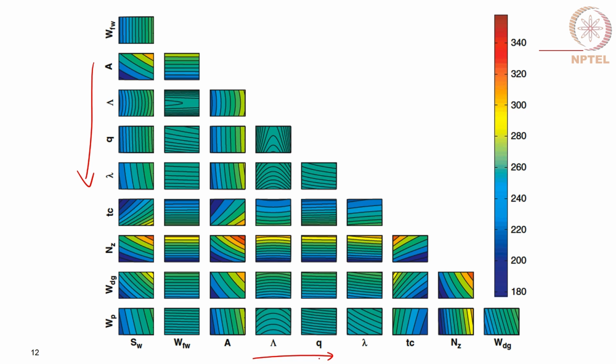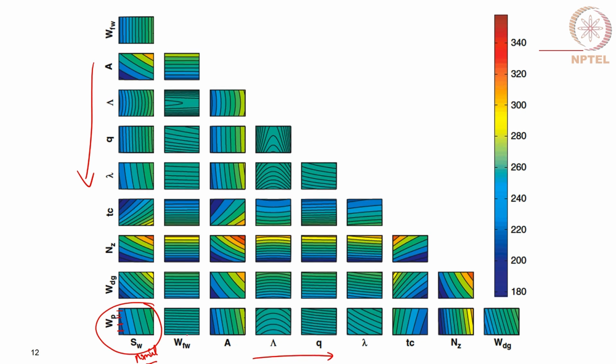So, what this particular graph says, if you take, SW is fixed at its nominal value and I am perturbing WP. I perturbed WP to different values and I am taking a contour of SW. I am just looking at this one.